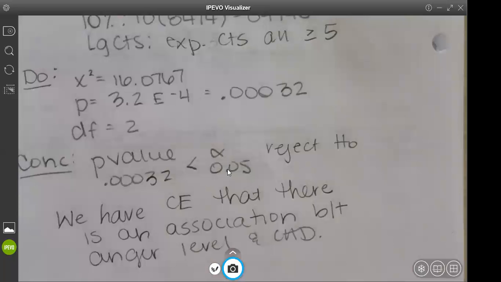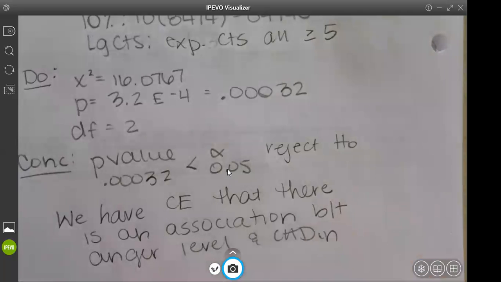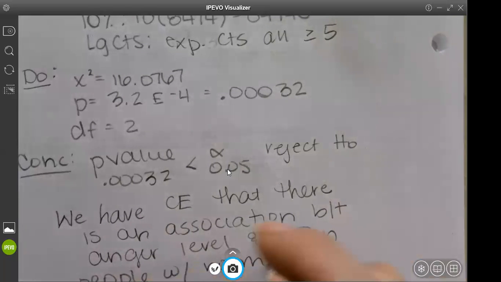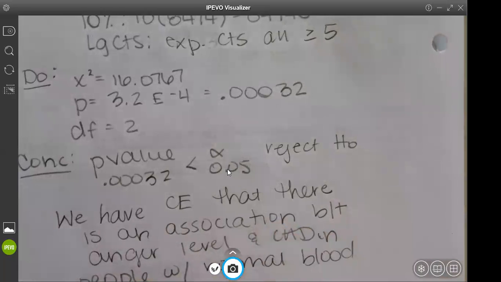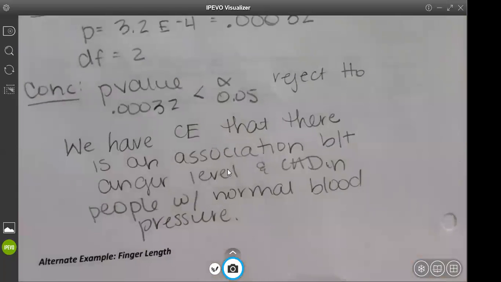So in people with what they say, normal blood pressure. Just to finish it out. One more page, front and back, we'll be done.